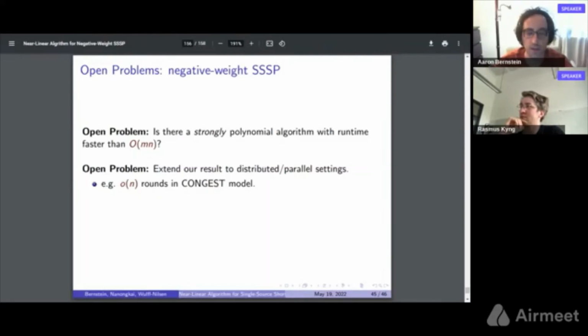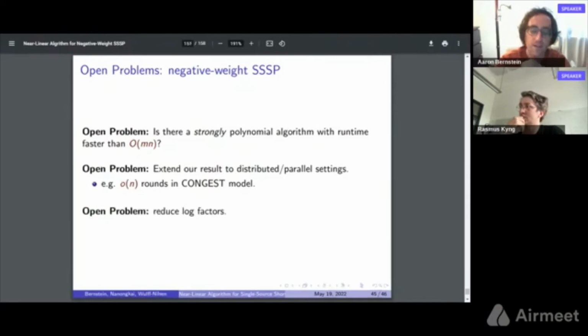So it'd be interesting to extend our result to that model. We haven't looked at it too much, but I think there's a decent chance that some of the ideas can be used. In particular, the most technical part of our result ends up being this low diameter decomposition. But that low diameter decomposition was developed in the distributed model, and there are a bunch of really fast distributed algorithms for it. So that's going to port really easily.